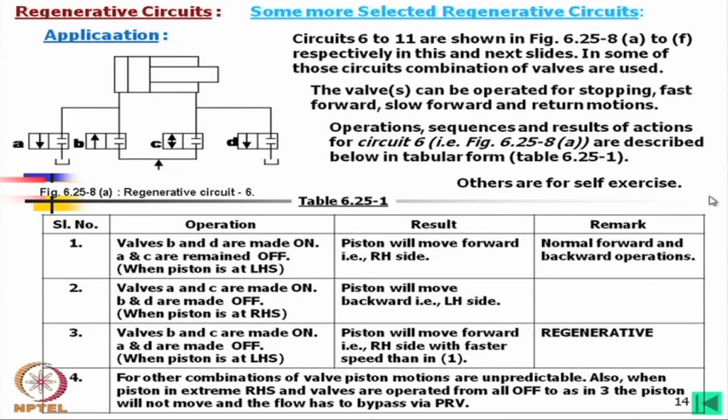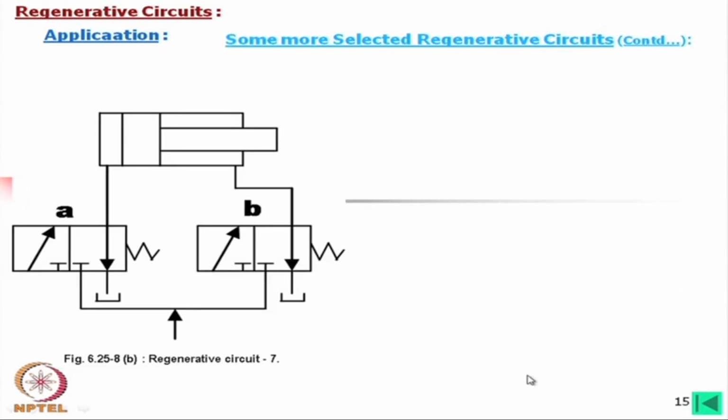Now, if I consider the other circuit, that is for self exercise, let us consider this circuit. So, regenerative circuit 7. Here we have used 2 3/2 DC valves, and both are connected like this.